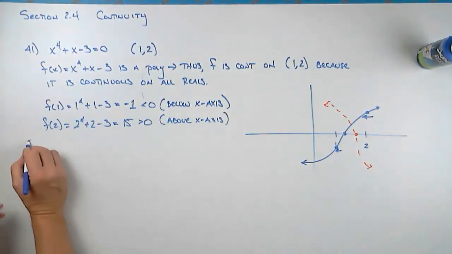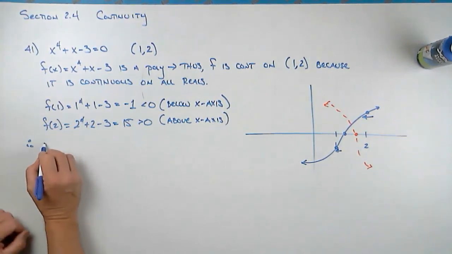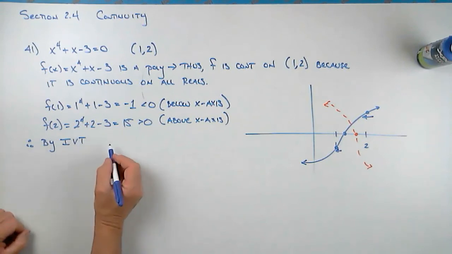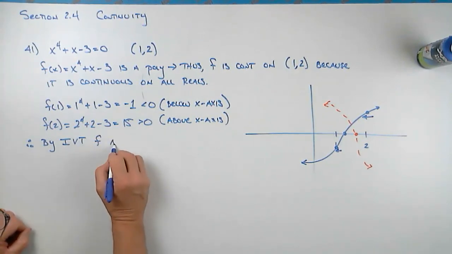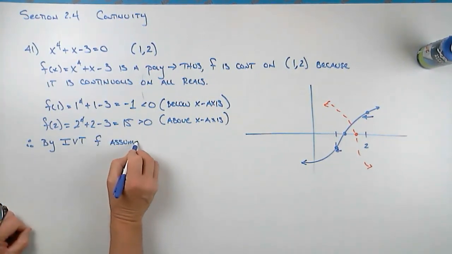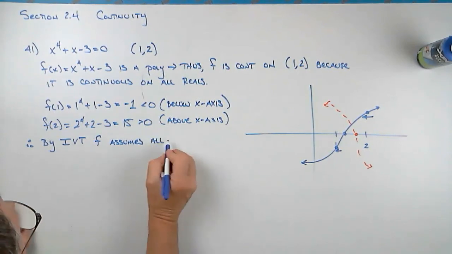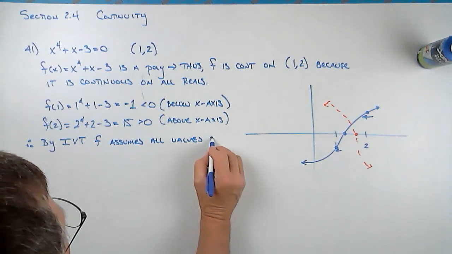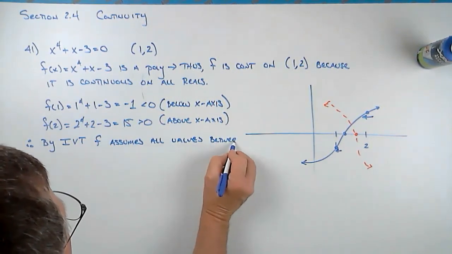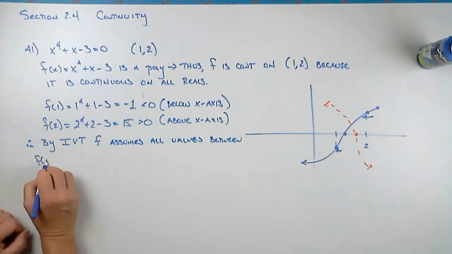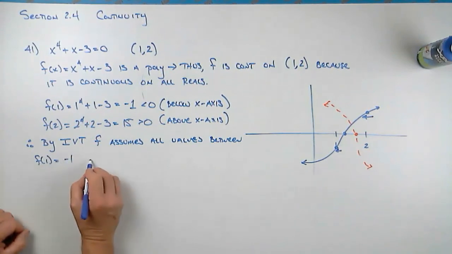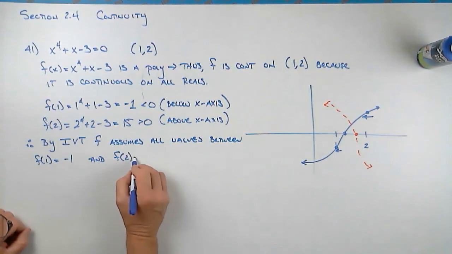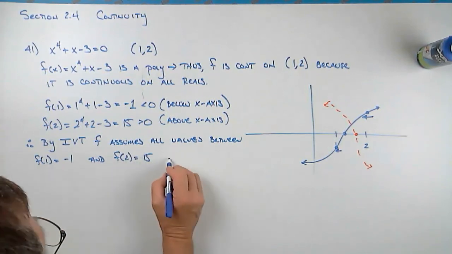And so we could say, therefore, by the intermediate value theorem, f assumes all values between f of 1, which equals negative 1, and f of 2, which is equal to 15.